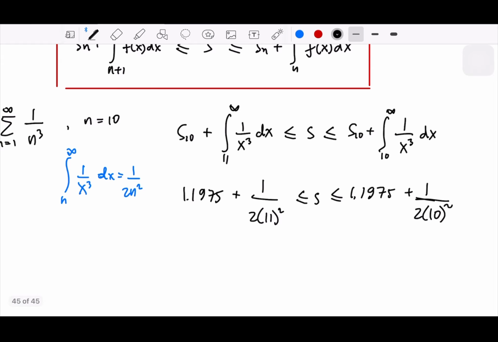We have the error and we have the partial sum for the first 10 terms, and we can compute, and we have S in between two numbers.